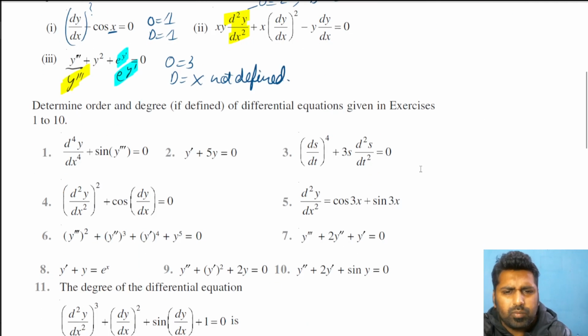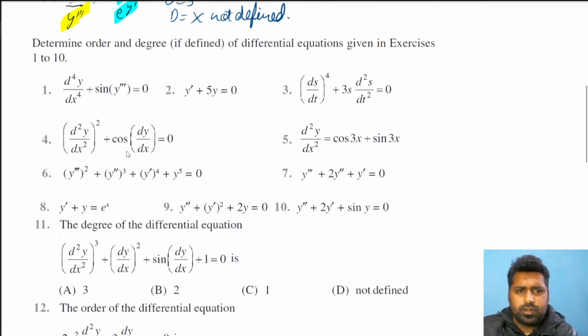Based on this, let's look at other questions also. We have to define order and degree. What is the highest order derivative involved? D power 4 y by dx4, a 4th order derivative. So order is clearly 4. Now the point is this term y triple dash is inside sine.